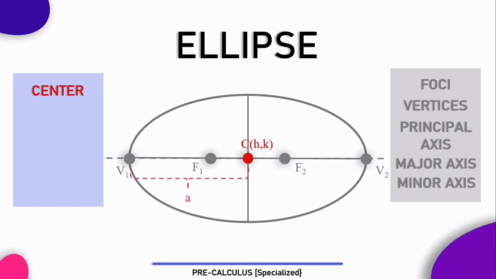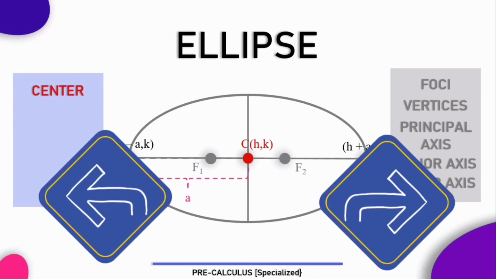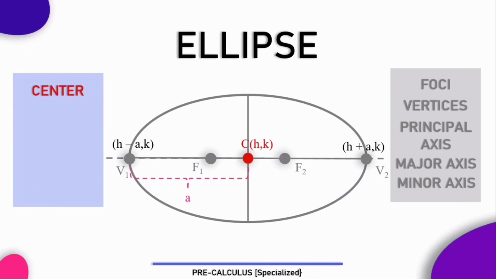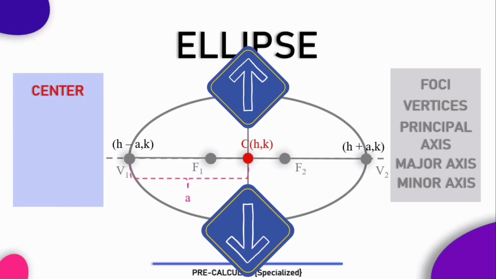From here, we can say that the coordinate of the vertices be (h minus a, k) for V sub 1 and (h plus a, k) for V sub 2. Tandaan na kapag yung movement ay sideways, going to the left or right, ang mag-change ng value ay si h. Otherwise, pag ang motion ay upwards or downwards, k ang mag-change ng value.